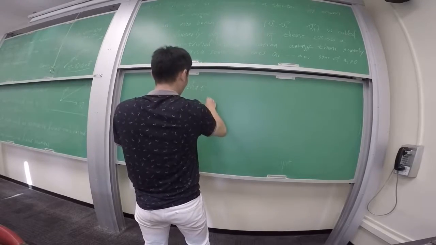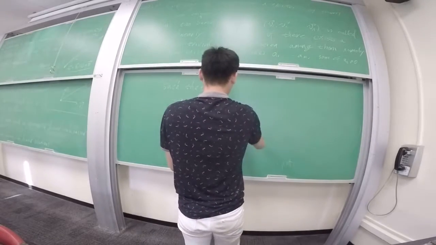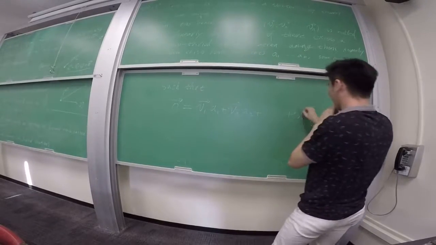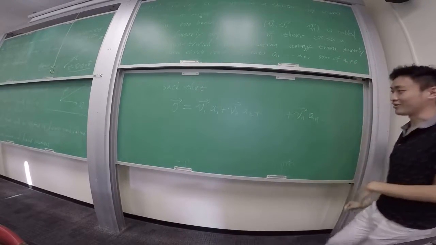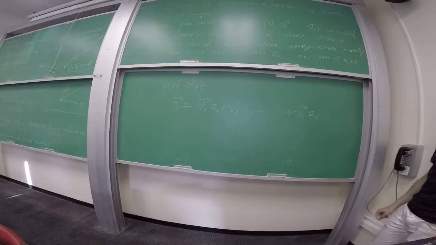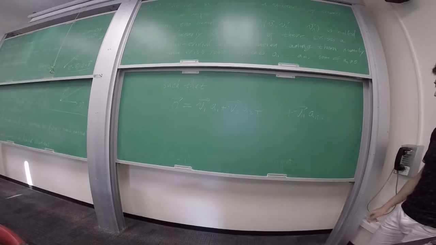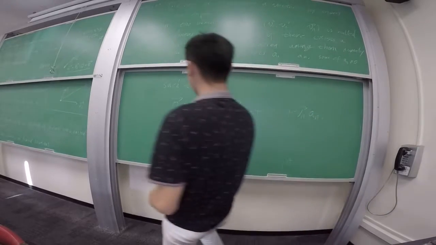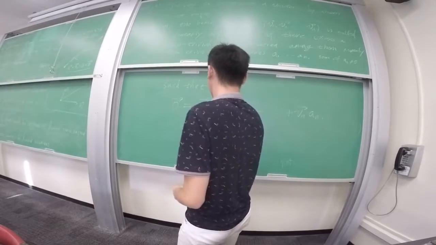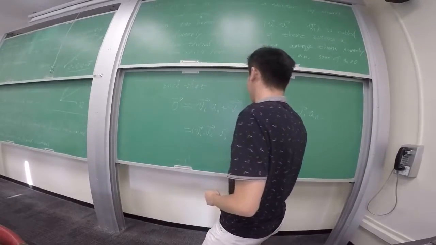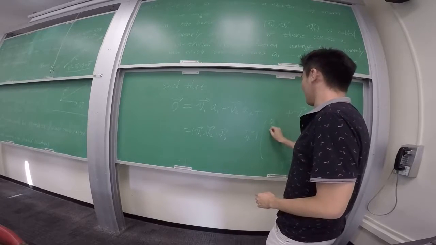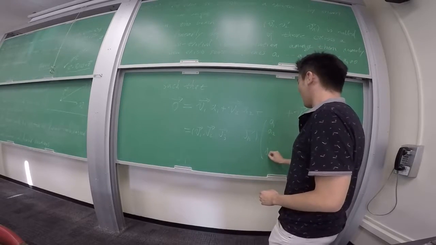V1 A1 plus V2 A2 plus Vn An. I write the scalar on the right because it is a right linear space, which means the scalar comes on the right. And you can also represent this in matrix form, which is V1, V2, V3 until Vn times A1, A2, An.